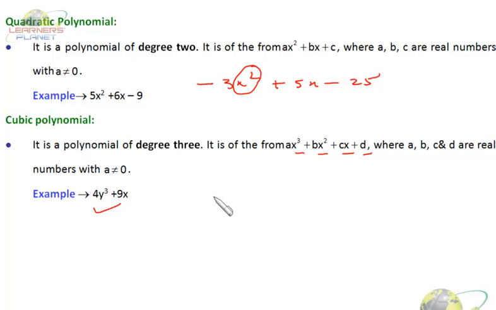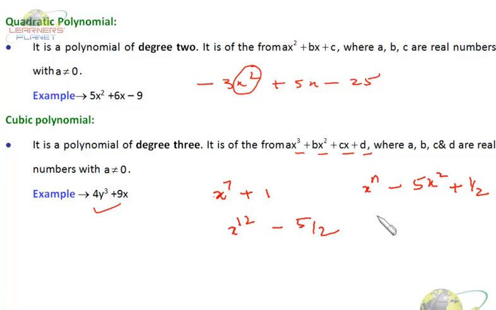Similarly, more types of polynomials are there. Suppose this is x raised to 7 plus 1. It is a 7th degree polynomial. If it is x raised to 12 minus 5 by 2, it is a 12th degree polynomial. Or if it is x raised to n plus maybe 5x square plus half, then it is an nth degree polynomial, and here n should be a positive number.